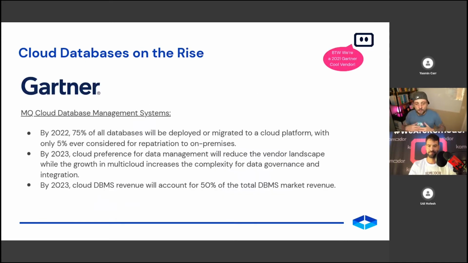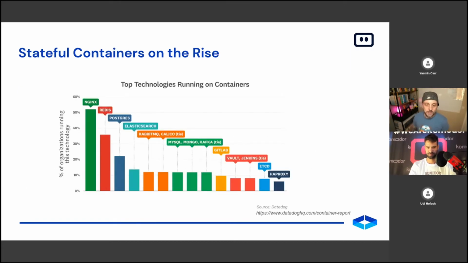On top of that, stateful sets should be used for stateful applications and databases. And there's also another element, which is demonstrated here by Gartner in terms of the prediction around how people are going to run databases. So if you read this quickly, by the end of 2023, what Gartner assumes is that 50% of all database revenue will be coming from databases that are run in the cloud. So what that means is there are two ways to consume those databases, right?